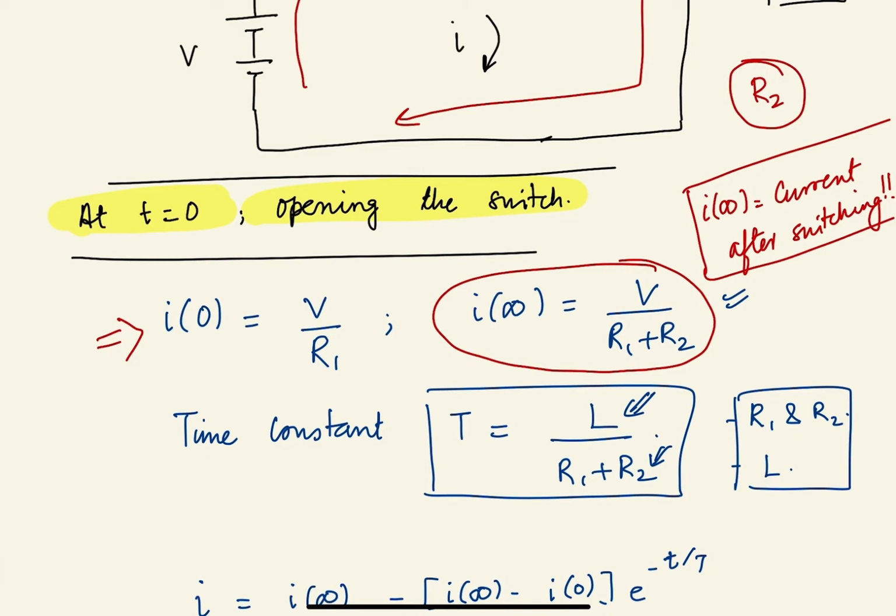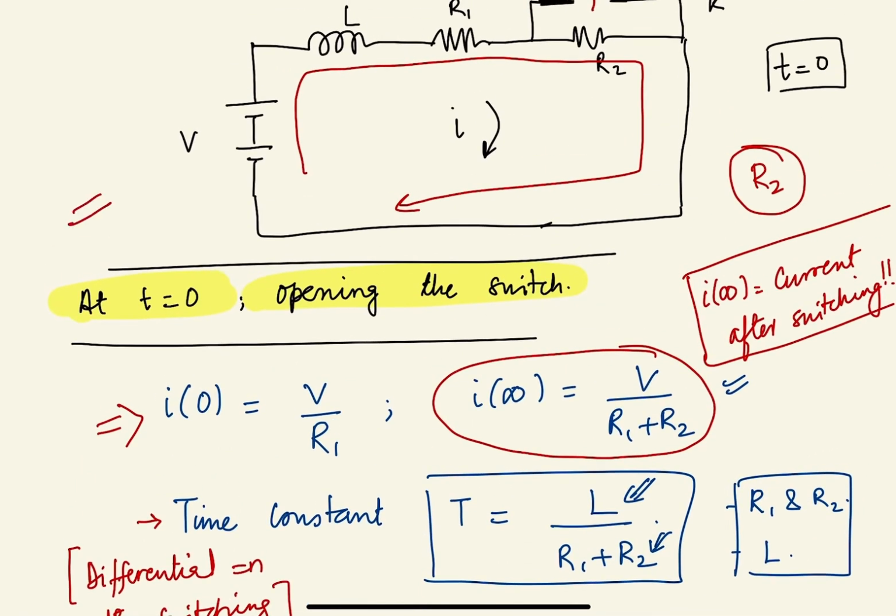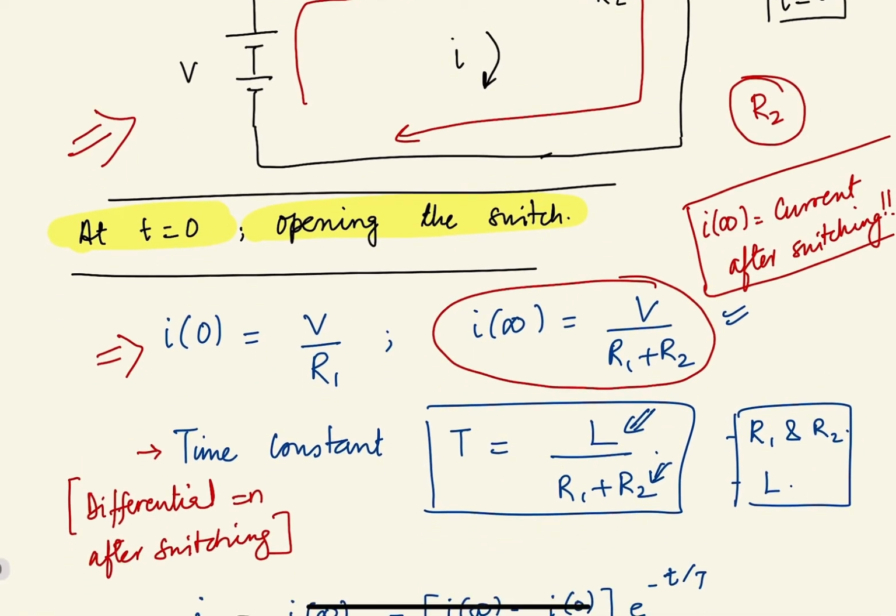Also, in the previous case, we calculated the time constant. What will be the time constant? It is calculated from the differential equation after the switching has been done. So if you formulate the differential equation for this circuit, you can easily find out that the time constant tau is equal to L divided by R1 plus R2.